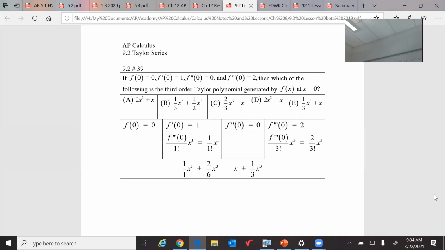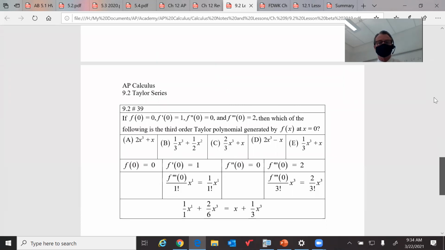That's got to go over 1 factorial, that's got to go over 3 factorial, and you would have x plus x to the third over 3. Okay, so if we went over that too fast, it's on the PDF. You come back to it.